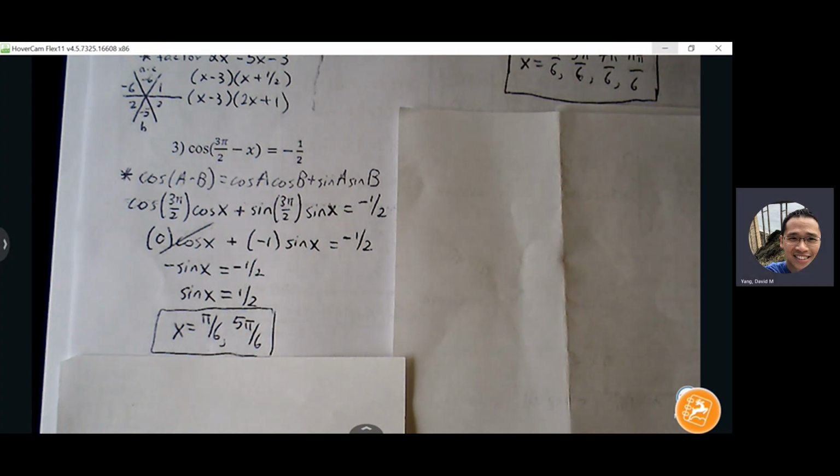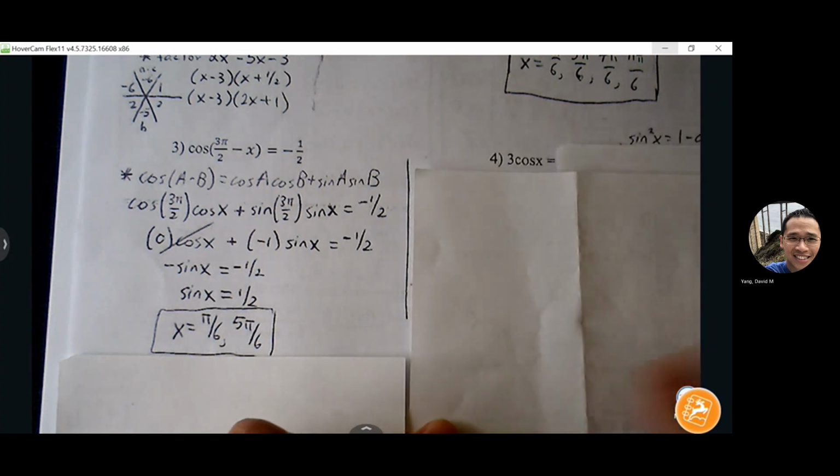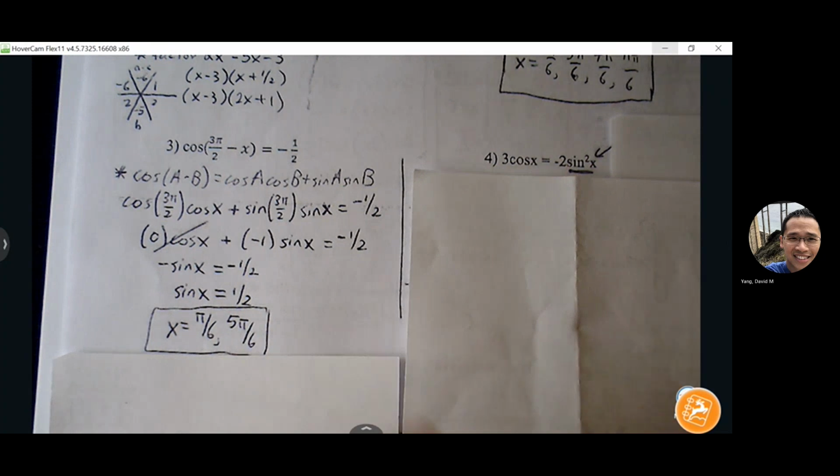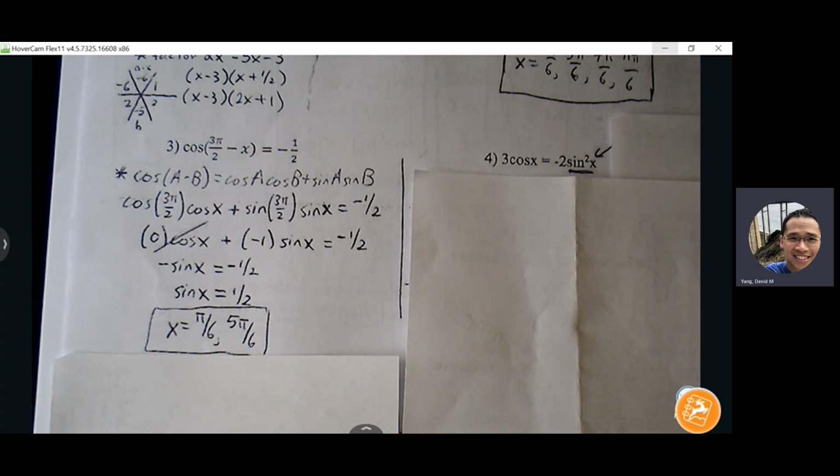All right, one more, number 4. Okay, cosine and sine. We see sine squared. We know we can play with that. Use the Pythagorean identity to get that rewritten.